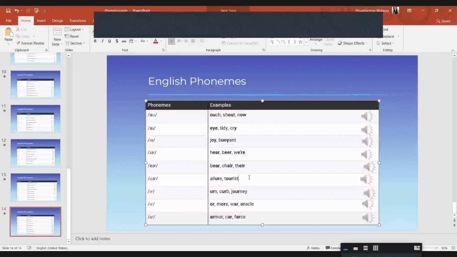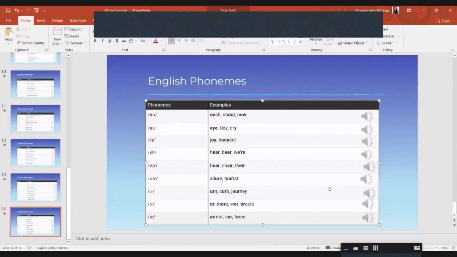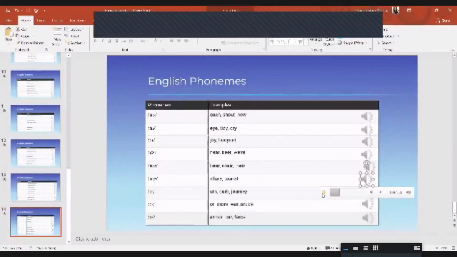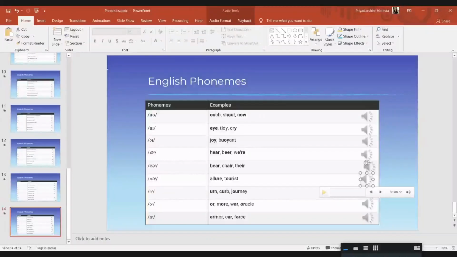Okay. So now let's look into this one. First, let's hear it. Allure, tourist. So again, here comes a bit of a difference in the way we speak and the way they speak. This is more a mixture of U and R sounds, the "your" type.